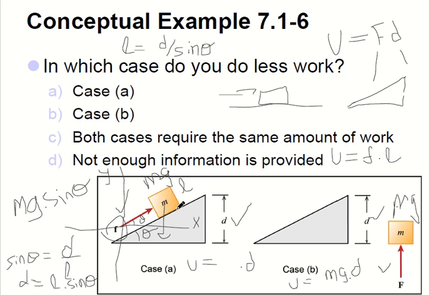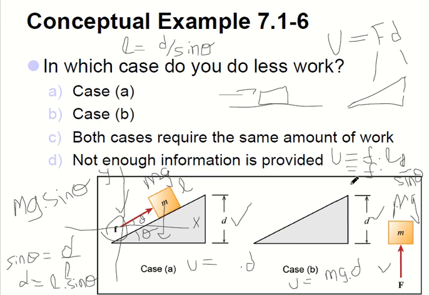Your force is moving this thing up the slope. So that's your force, and that's the distance it took, L. Now you put the force times your L, which is D divided by sine theta.